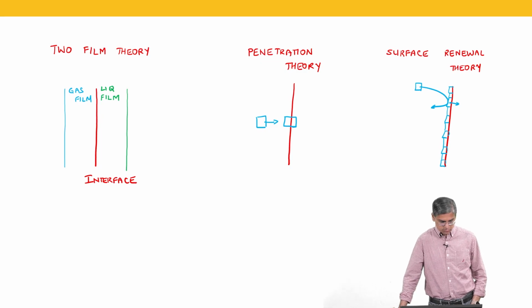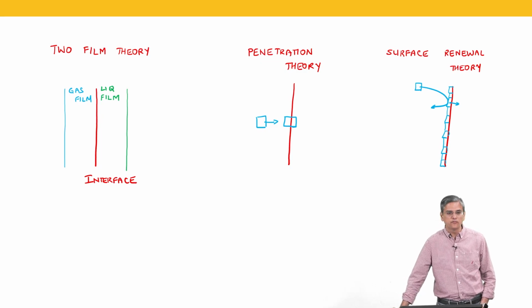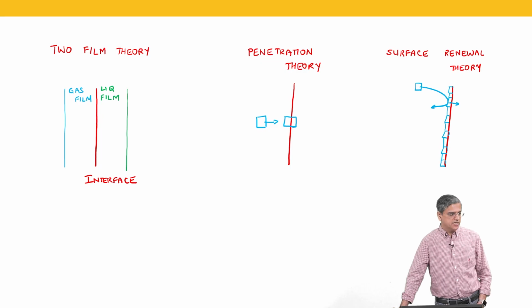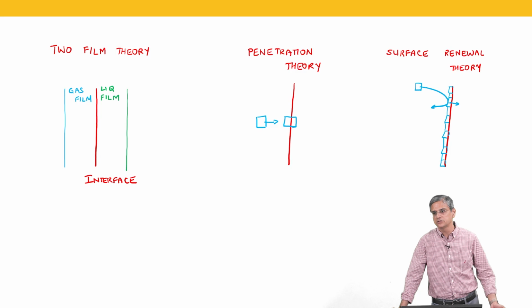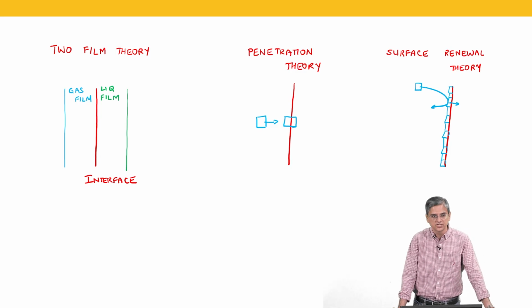The two film theory results in the mass transfer coefficient being directly proportional to the diffusivity. The other two theories result in a different consequence: the mass transfer coefficient is proportional to the square root of the diffusivity.